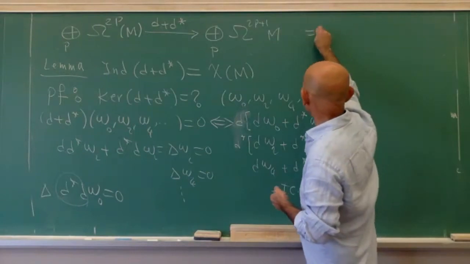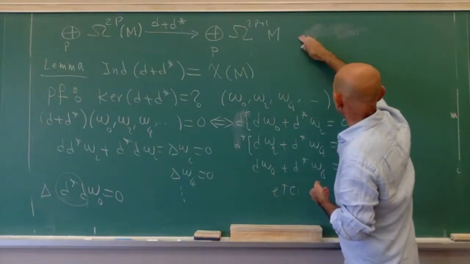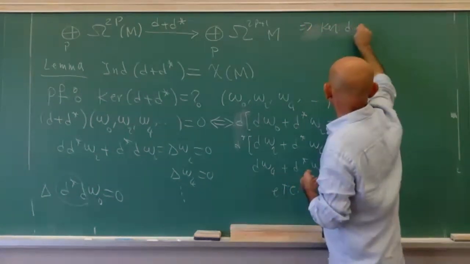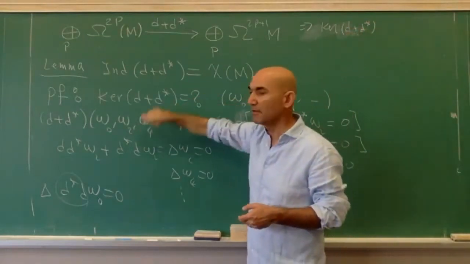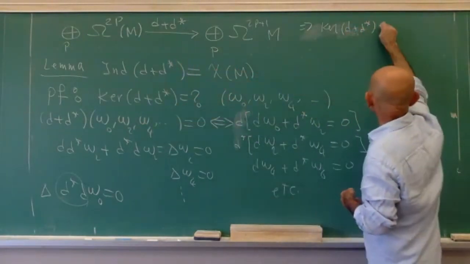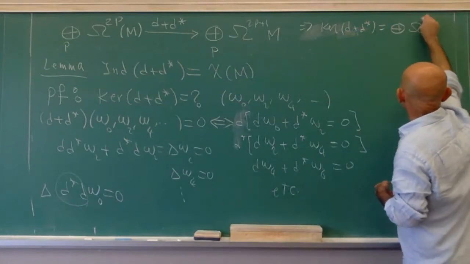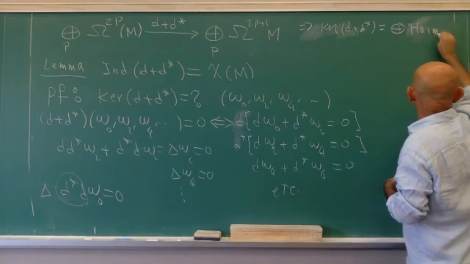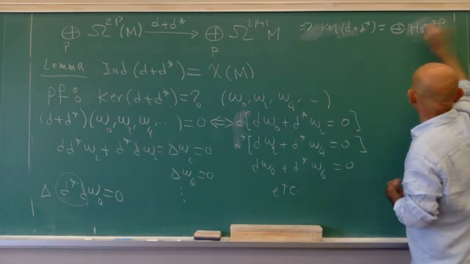So first of all, let's get maybe more precise information. We get that the kernel of d plus d star, as it goes from even to odd, is equal to the direct sum of harmonic 2p-forms, over all p.